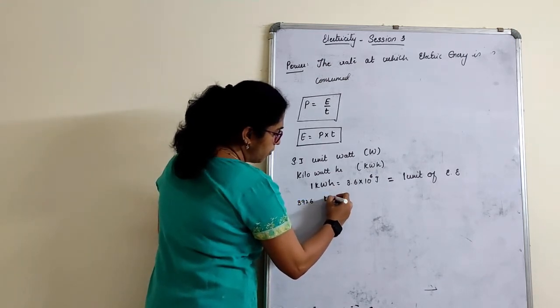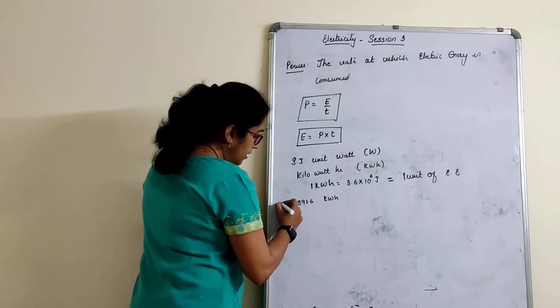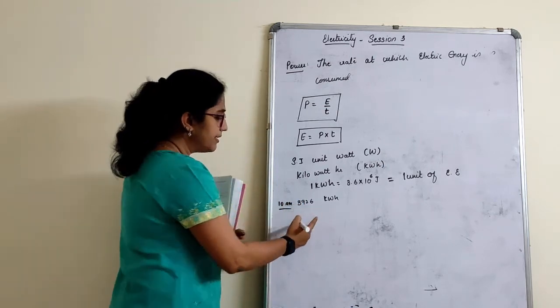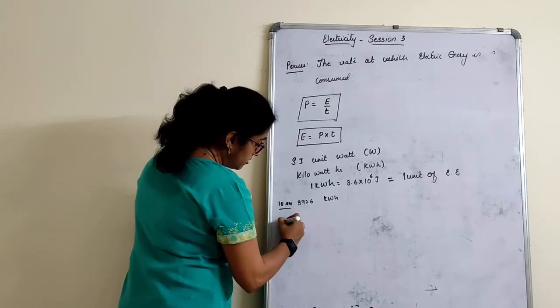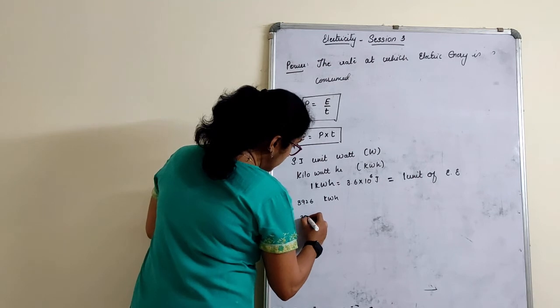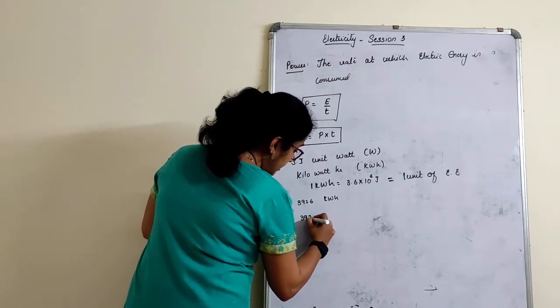In terms of kilowatt hour, it is mentioned at that point of time, right? Note the time. Today at 10 a.m. the reading was 3926. Probably tomorrow at 10 a.m., when you go and see, it will be 3930.